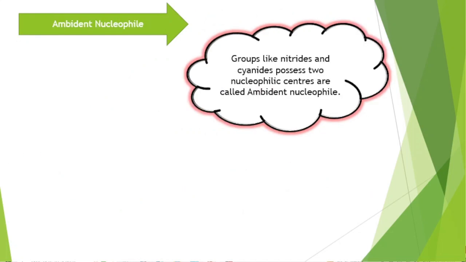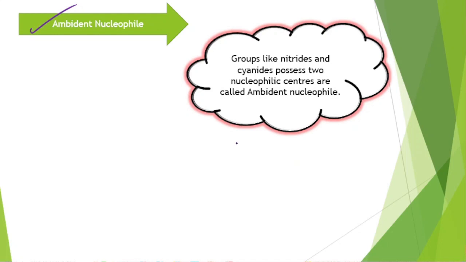Next what we are going to see is the ambident nucleophile. What is an ambident nucleophile? Ambident nucleophile means they have two nucleophilic centers.